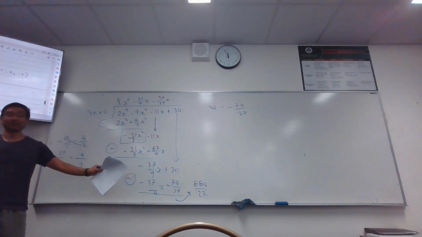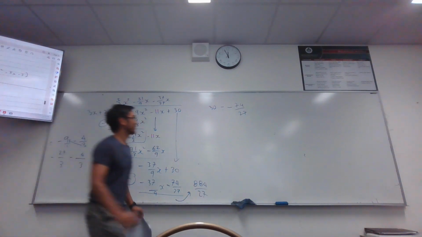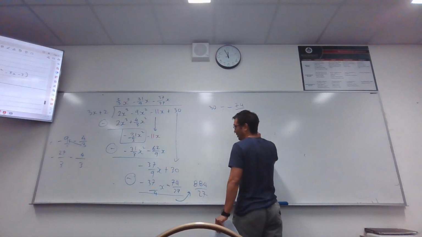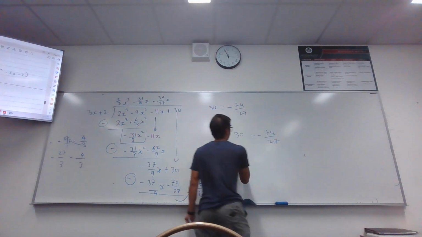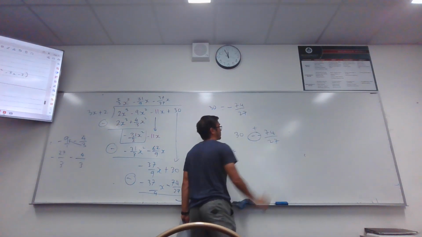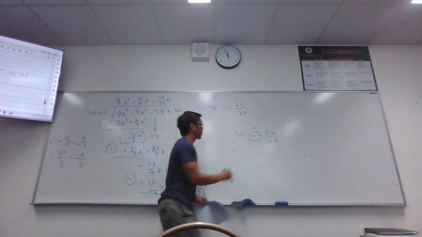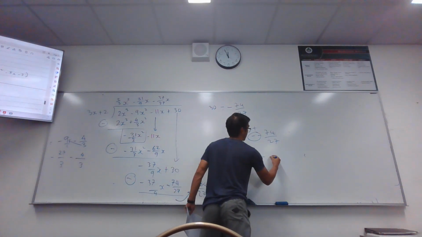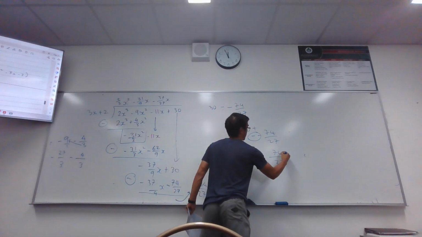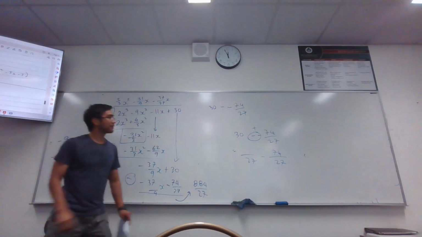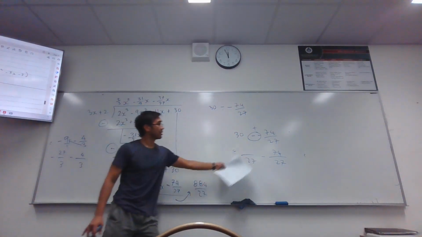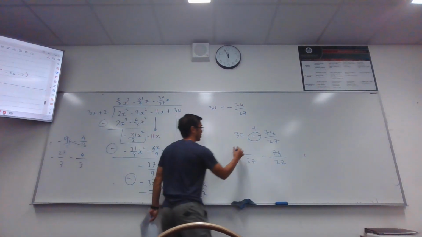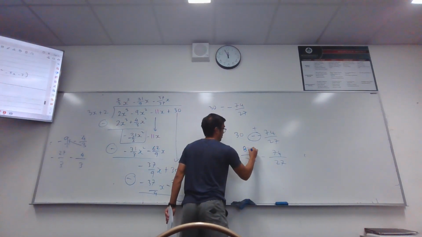Okay, I'm going to do it on paper. 30, take 74 on 27. It's a plus. We want over 27s. 27 times 30. 20 times 30 is 600, plus 210 is 810.